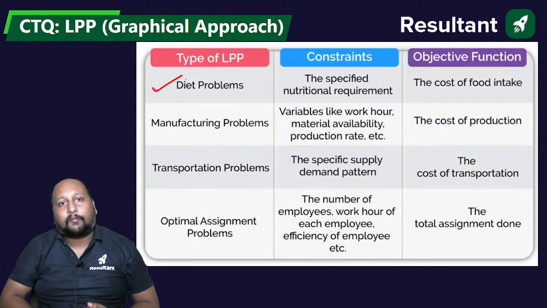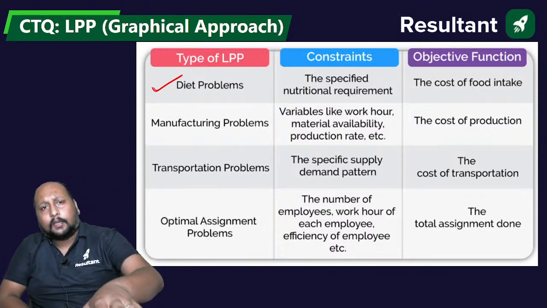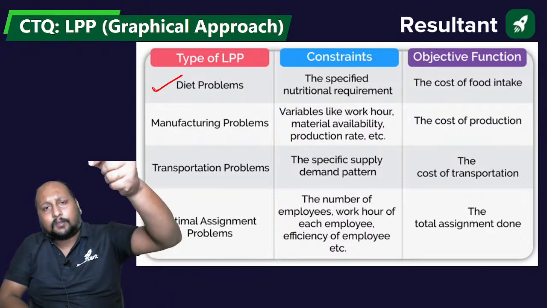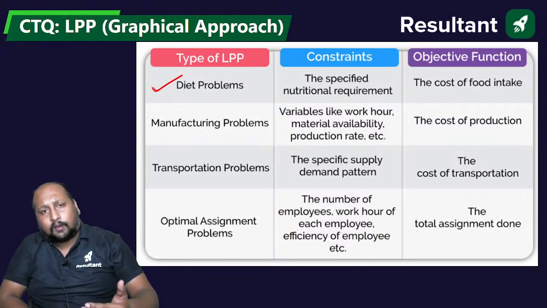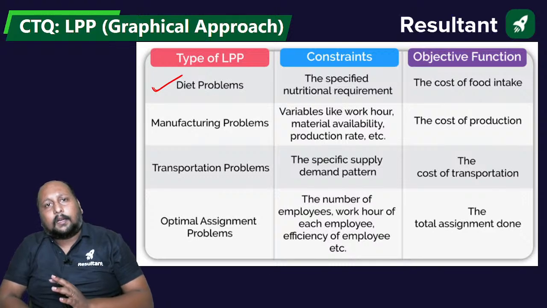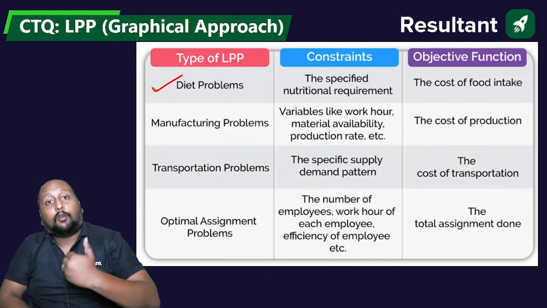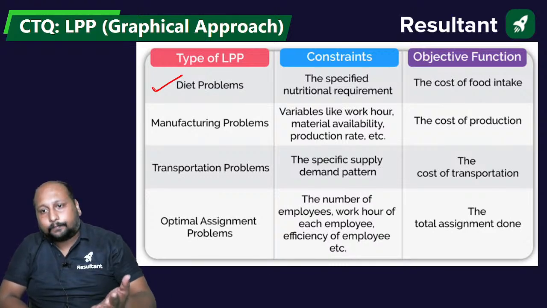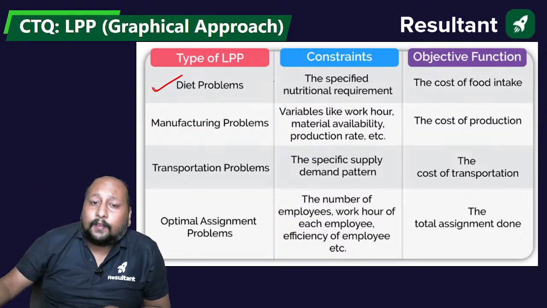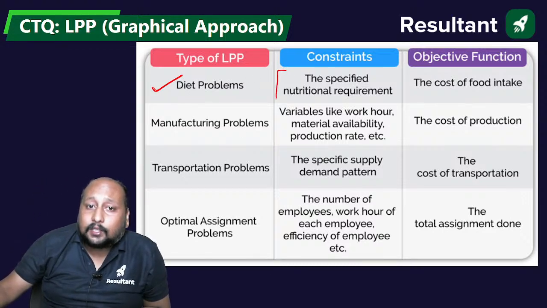Nowadays we have software; you just need to feed in the input, like this much nutrient is required, and it gives the list of foods which is the best possible diet for me according to my body mass index. Here the constraints, the restrictions, are the specified nutritional requirements.